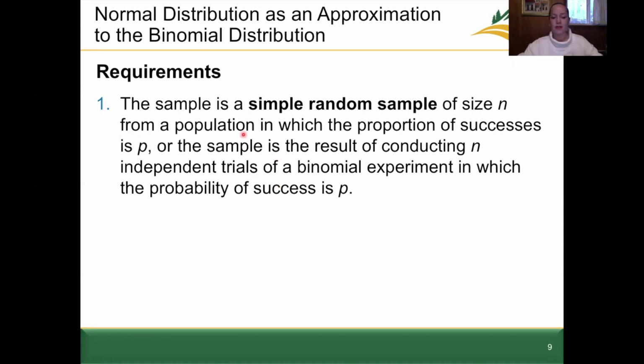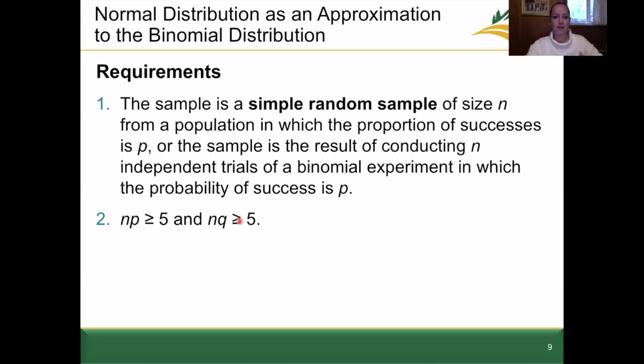So again, we're going through the requirements to determine if we can use a normal distribution as an approximation to a binomial distribution. So requirement number 2 is that n times p is greater than or equal to 5, and n times q is greater than or equal to 5. Both of these have to be true as requirement number 2. So those are our 2 requirements.